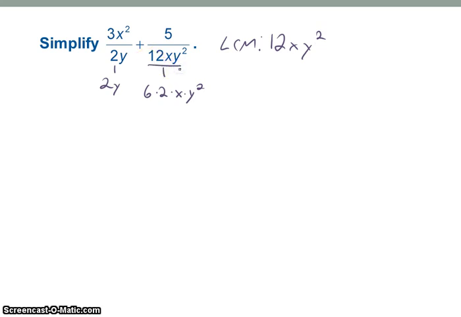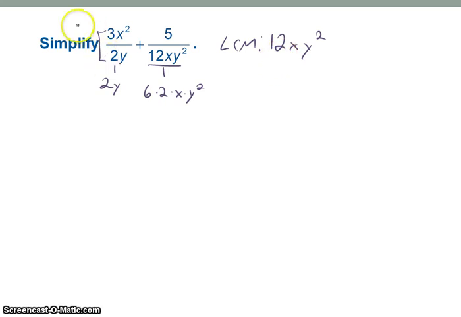One of my denominators already is exactly what my LCM is, so I don't have to multiply anything because I'm not missing anything. This one, on the other hand, is missing some terms. You can either multiply by your LCM, or the way I think about it is I multiply what's missing.